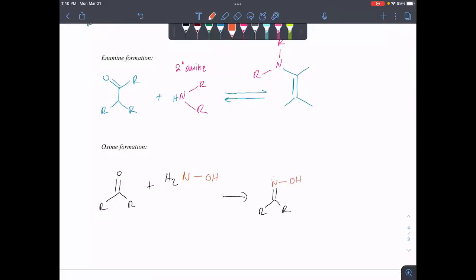And then you get an oxime. It's just a reaction, a mix between two reactants, and that's the product. It is reversible, but yeah, that is the product.